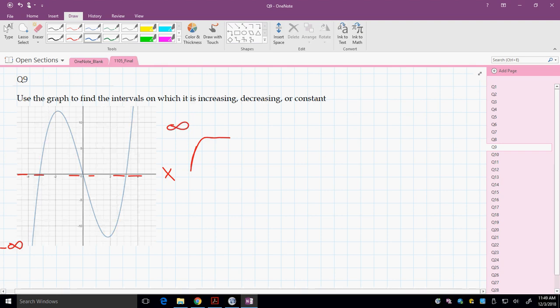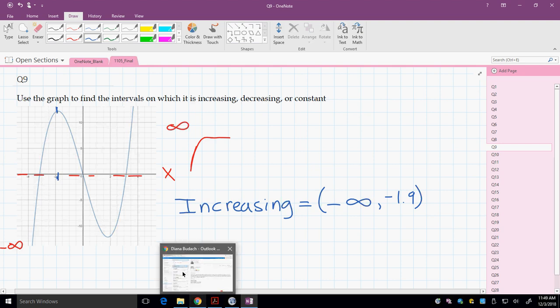I can see that my graph is increasing from the negative infinity, and it starts going down here. Remember, we were looking at our x values, and it's really close to 2, so I'm going to say negative 1.9. So it's increasing from negative infinity until negative 1.9, and it starts decreasing at that point.